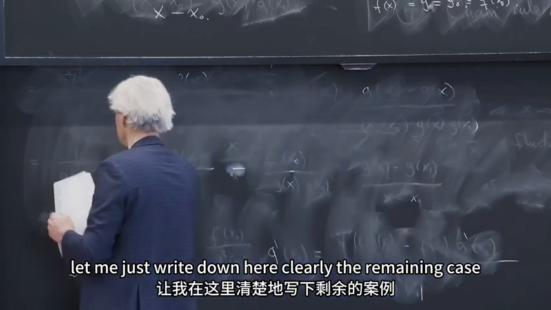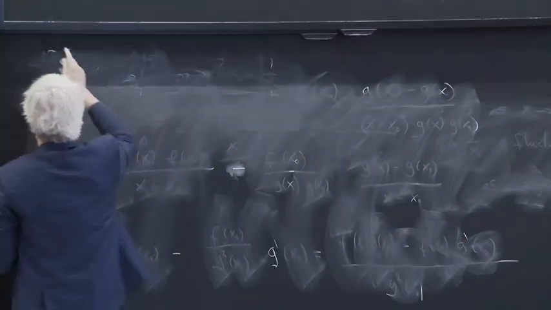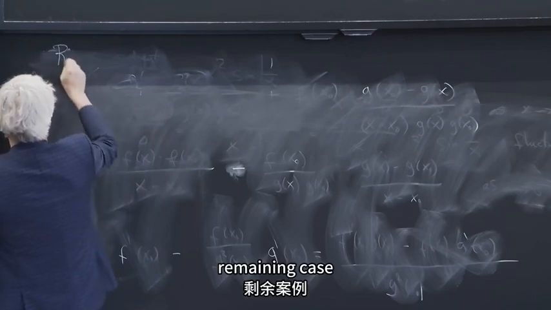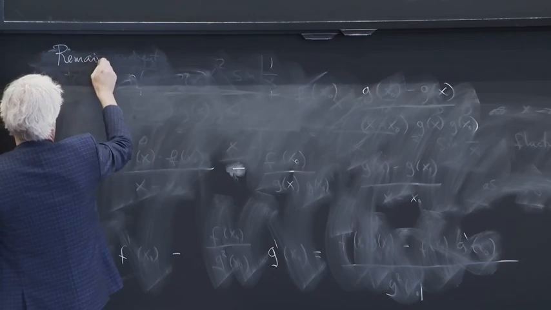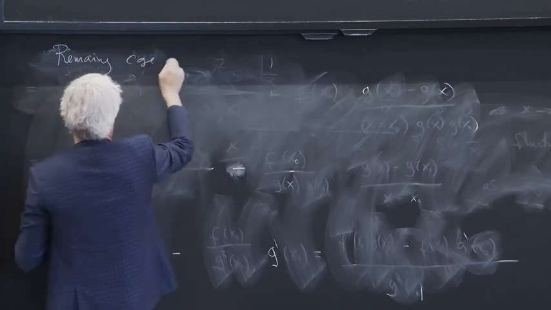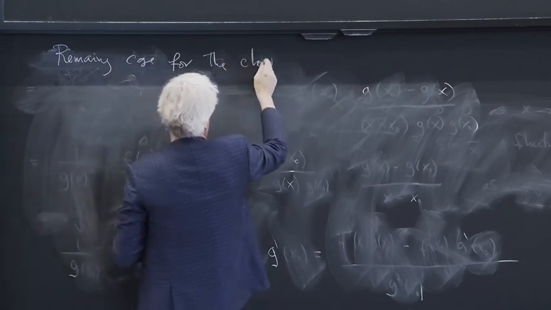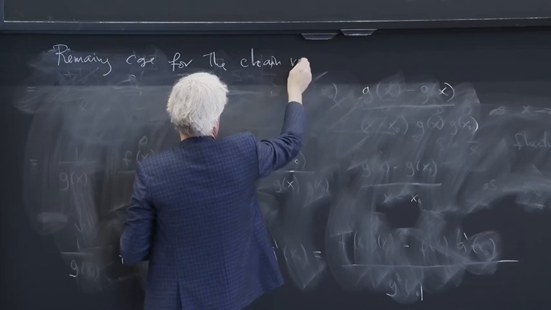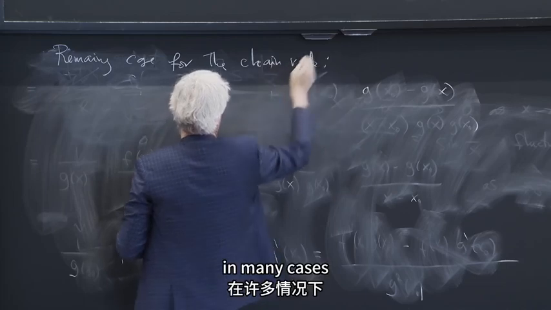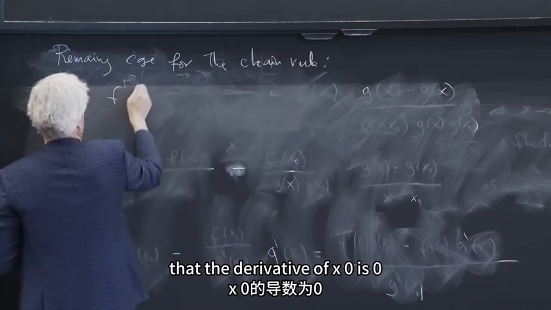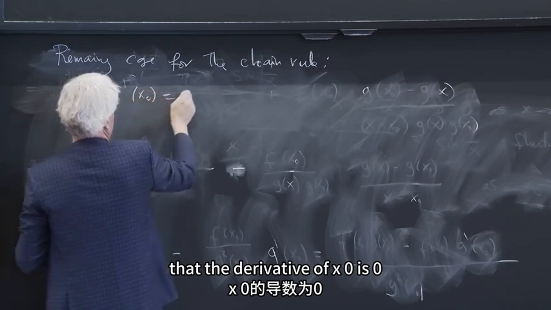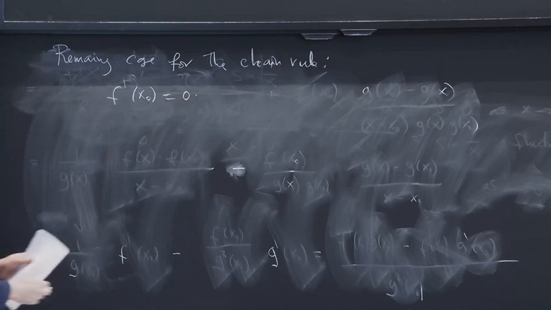The remaining case for the chain rule, so the remaining case is that the derivative at x0 is 0, right?